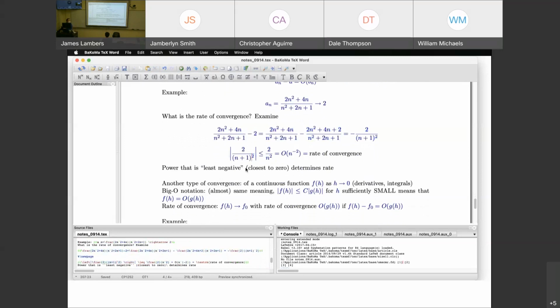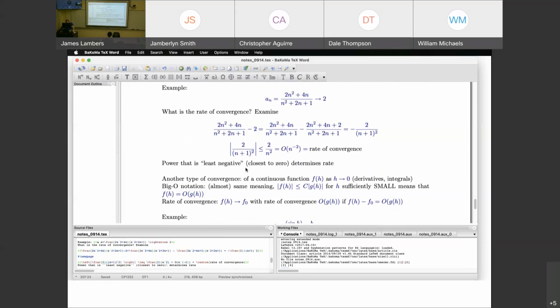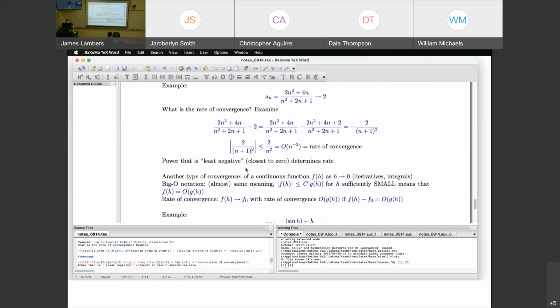That also works as a definition of big theta notation, that it is bidirectional. Sorry, I misunderstood the direction of your comment there. Other questions before I do more convergence?